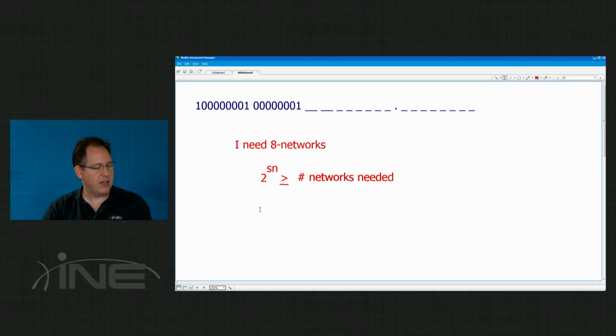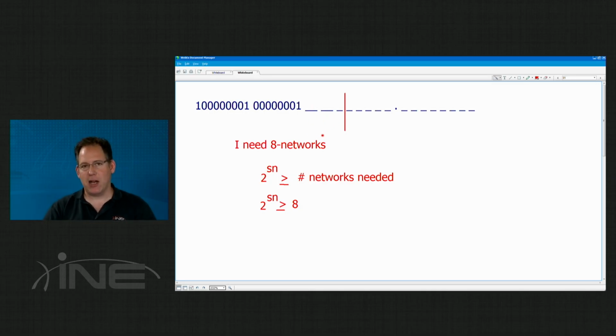So I solve it: 2 to the power of n is greater than or equal to 8, because I need 8 networks. That would be the number 3. If I steal 3 bits, 2 to the power of 3 gives me 8 combinations of numbers: 000, 001, 010, 011, all the way up to 111.